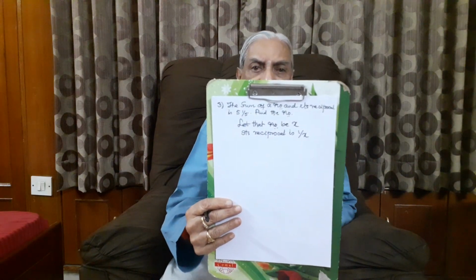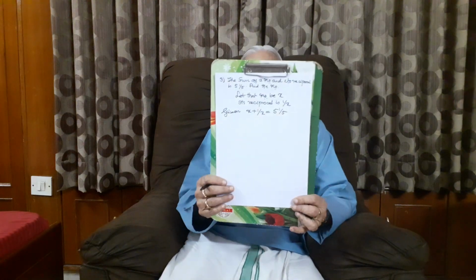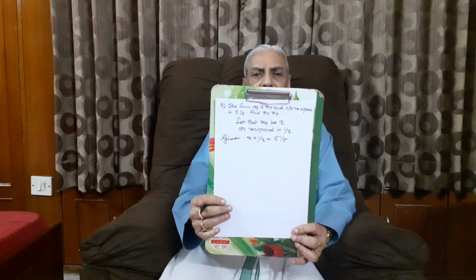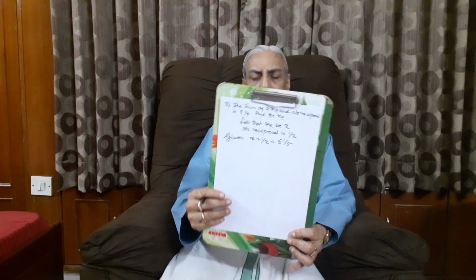Therefore, the sum of, what have they given? The sum of a number and its reciprocal is 5 and 1 by 5. That means write given: x plus 1 by x is equal to 5 and 1 by 5. Simplify.